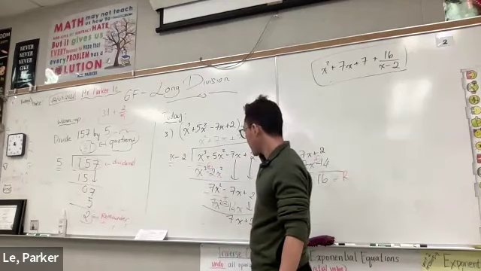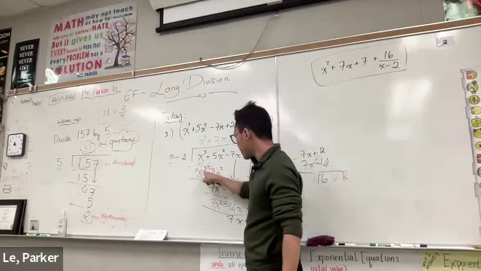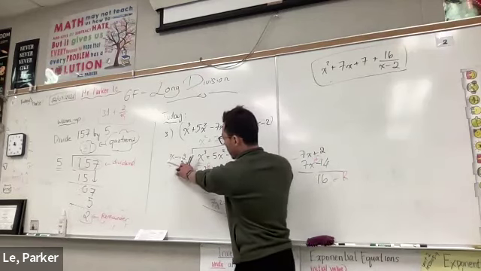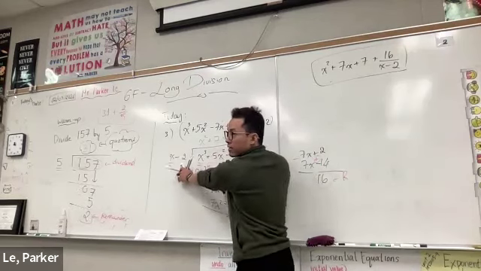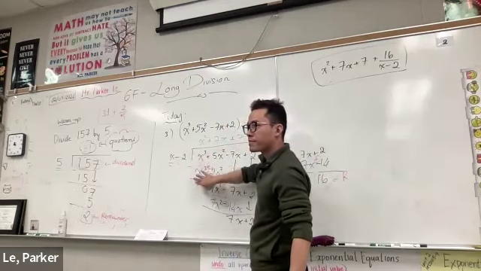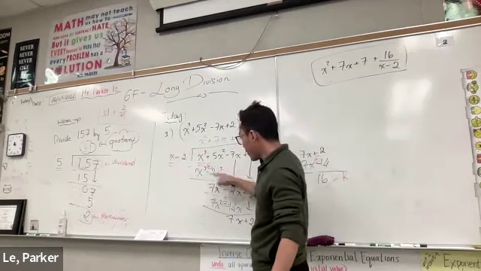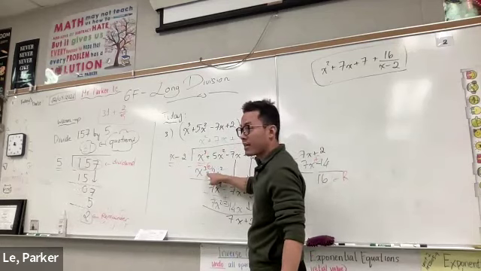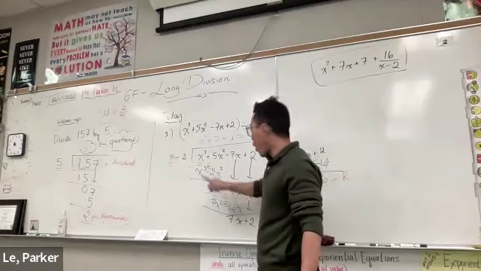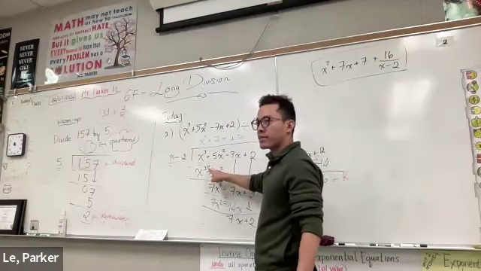You distribute the negative and it becomes positive. And then you don't look at this anymore, just look at this and add them all. The first one is always 0, so that's why we don't talk about it. But whatever you have left over, you need to change the sign. So negative becomes positive, and then you add them, 5 plus 2 is 7. So always flip the sign, always.